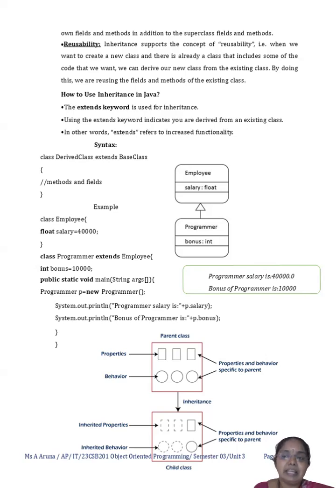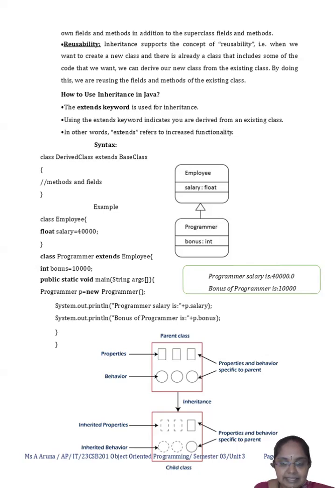Inside, you can give whatever methods, fields, or variables are required. See here, I have given one example. My parent class is Employee and I have the child class Programmer. In the Employee class, I have a salary of type float. In the Programmer class, I have a bonus of type int. So inside the Programmer class, I can access the features of my Employee class.